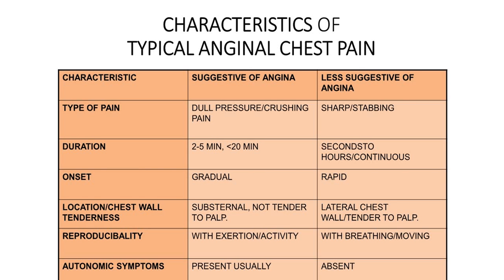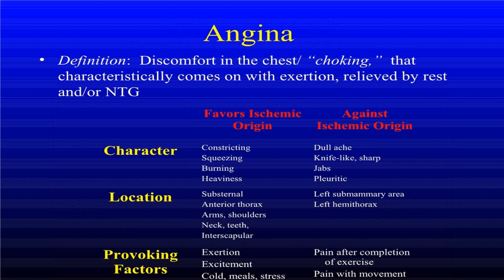Pain in angina will be relieved by rest and by nitroglycerin, while pain in non-cardiac chest pain, or musculoskeletal pain, will be relieved by analgesics or by local applications. So again, the same difference between the two: ischemic origin, non-ischemic origin. So this favors ischemic origin, this favors non-ischemic origin. We have already mentioned all those differences. So at your leisure time, go through them.